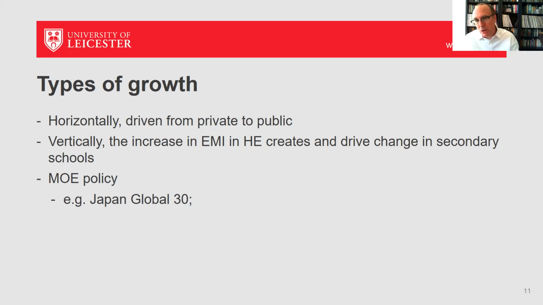If you look at any country's Ministry of Education, they'll have a 5-year plan to do this or that around bilingualism, or to introduce EMI, or to have a certain proportion of programs delivered in English by a certain date. So big Ministry of Education policies are driving that growth as well. And off the back of that, they're providing funding as well. The incentive is for universities to do this because they're going to get funding.